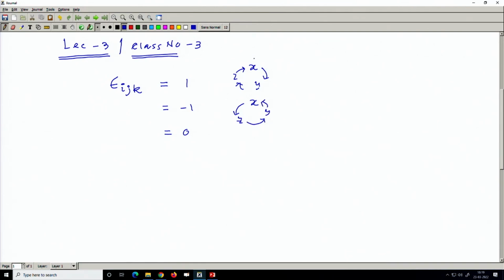If I say this is 1, this is 2, this is 3, it should be a right handed order. Similarly, the opposite order is the left handed order. For this case it was 1, for this case it was -1, and in all other cases this value is 0.